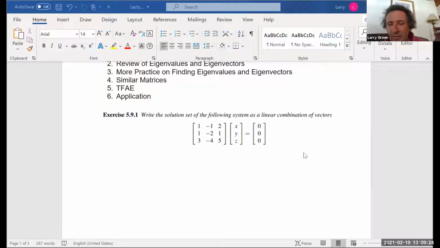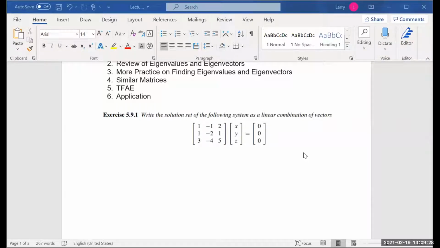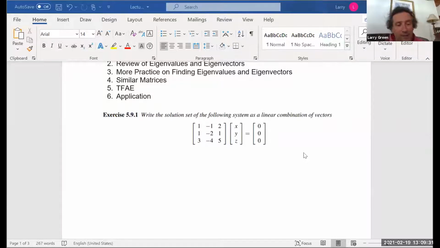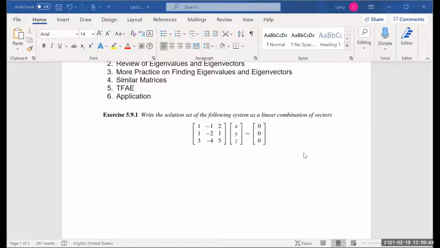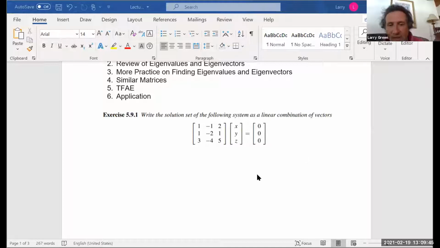Do you agree? Yeah. Okay, so do you remember how to find the null space, or if you like the word kernel, whichever word you like is fine. What is the first major step after looking at the question to find the kernel or the null space? RREF the matrix. Exactly.